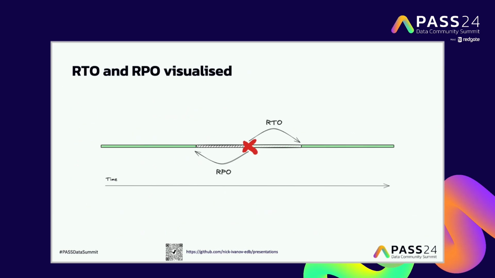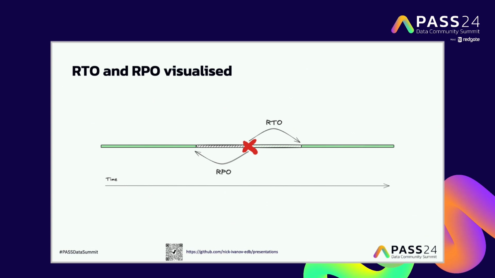So there's a little graph that sort of visualizes these two concepts. The X obviously marks the spot where something has failed, and the green bar is when your system operates normally. So the gap between the failure and the moment it begins to again operate normally, that's your recovery time.